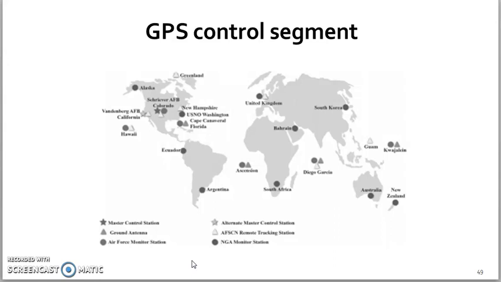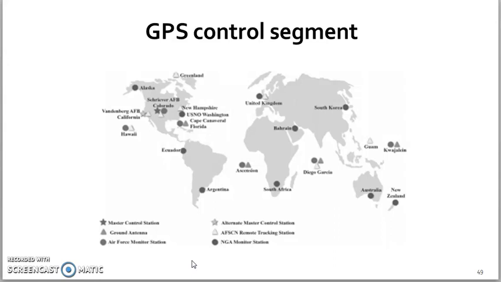Now the master control station provides command and control functions for the GPS constellation. Because there are 24 satellites, some standby satellites are there. So this master control station provides command and control functions to the GPS constellation, deciding which satellite is to be used and which is in standby mode. Now this MCS generates navigation data and uploads it to the satellite.